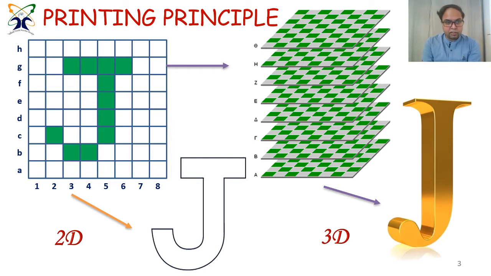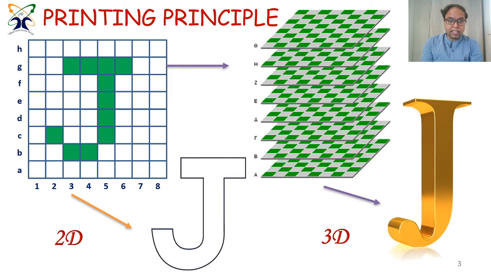So for example, in 2D image printing, when you send an image to the PC or the device, it divides it into this sort of grid and assigns a particular address to each dedicated pixel. In this case, you see the image of the letter J is divided the way it is shown on the grid, and each pixel is given a dedicated address.